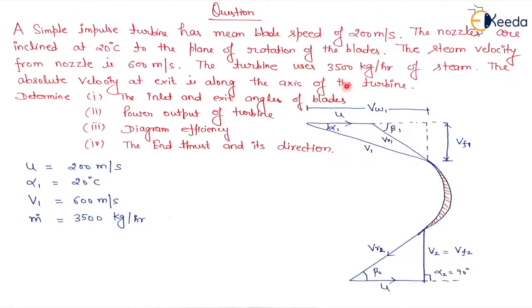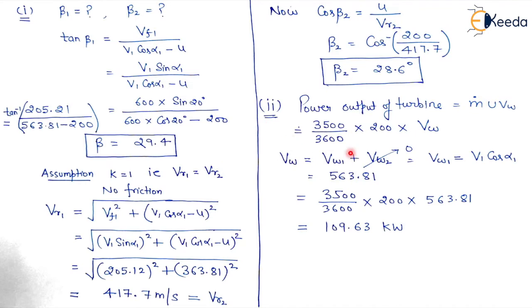Now we will calculate the second question, that is power output of turbine. You know very well what is the power output of turbine? Mass flow rate into U into VW. So what is the mass flow rate? Mass flow rate is given as 3500 kg per hour. So we have converted it into kg per second, into what is the velocity? 200 into VW.